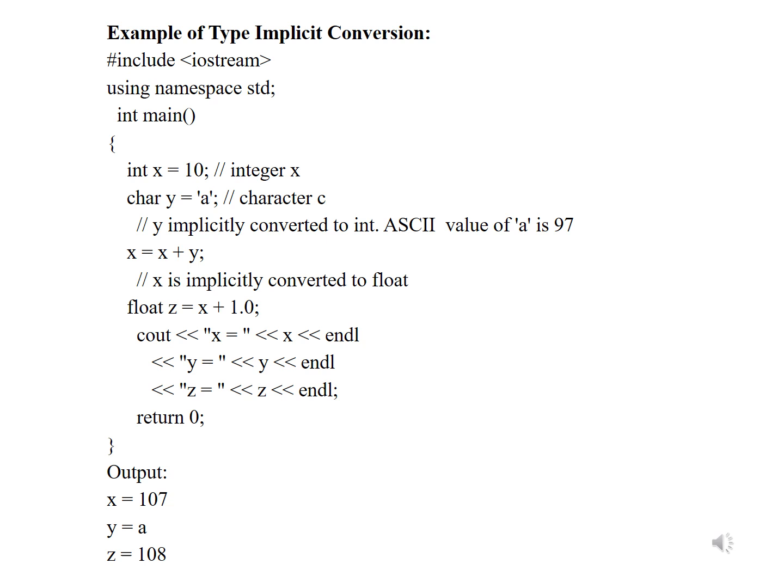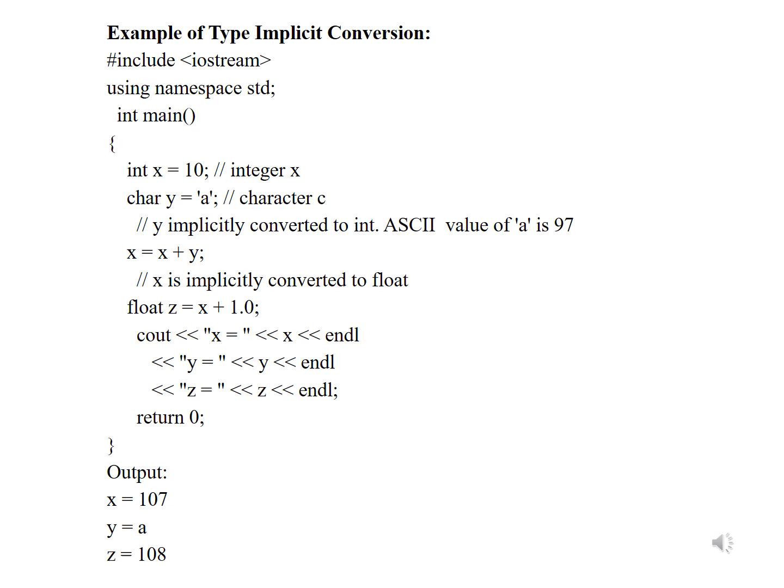If you print the output of x, y and z, the output will be given as x is equal to 107, where x is equal to x plus y. So x is 10 and y is 'a'; it will add both the ASCII values and give 107.